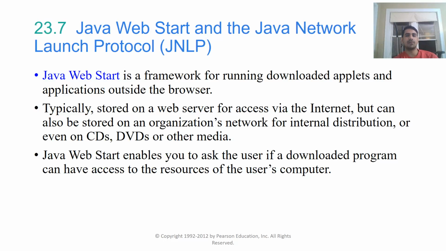They are typically stored on a web server for access via the internet, but can also be stored on an organization network for internal distribution or even on CDs, DVDs or other media. Java Web Start enables you to ask the user if a downloaded program can access the resources of the user's computer.